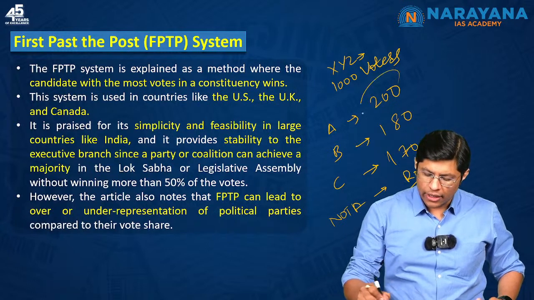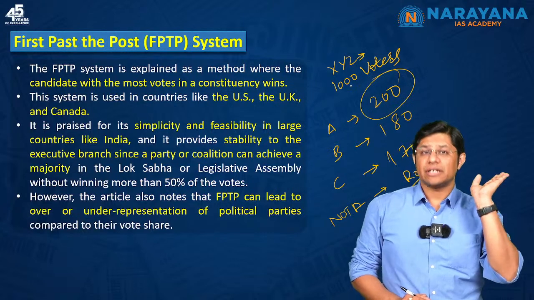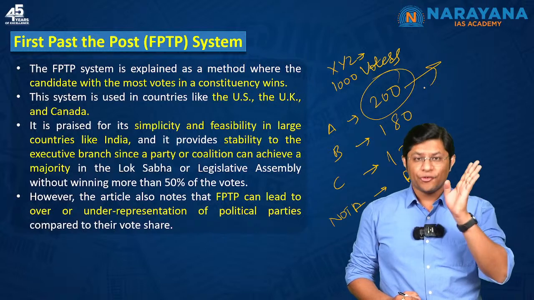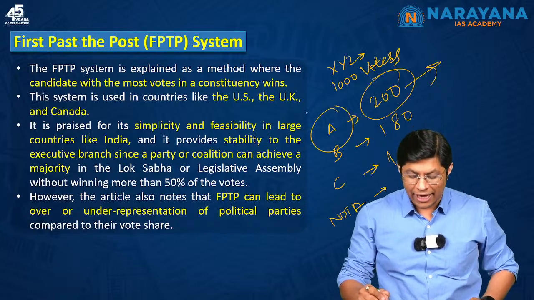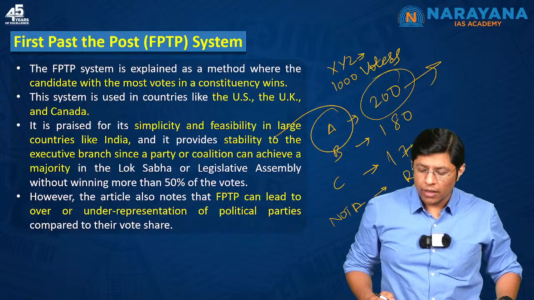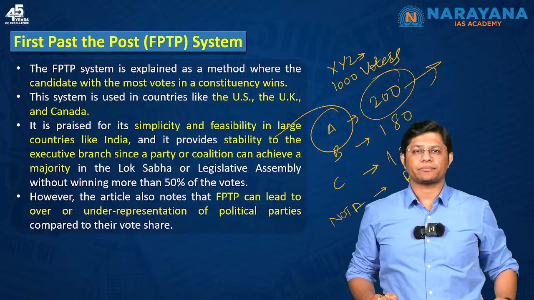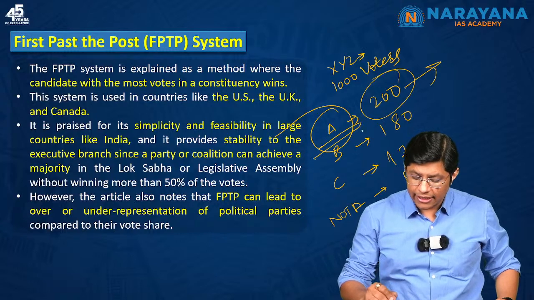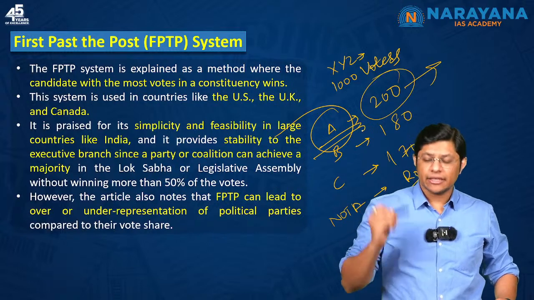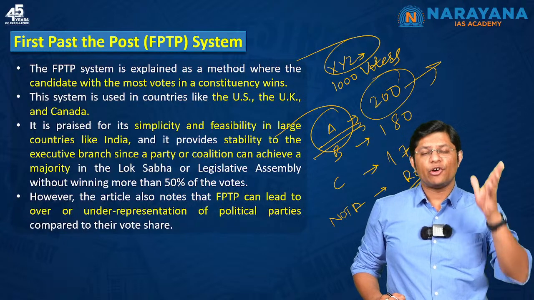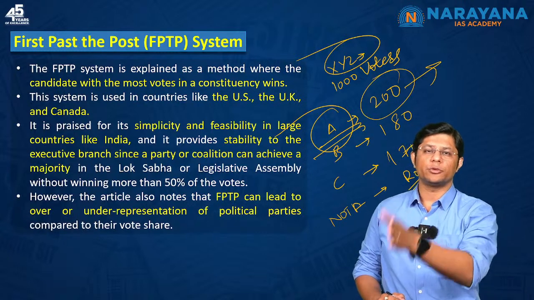Now this 200 is less than 50%, that is 500 votes. Despite that, candidate A will be declared a winner. Why? Because he has secured the maximum number of votes. So candidate A will be representing this XYZ constituency. This is known as the first past the post system.